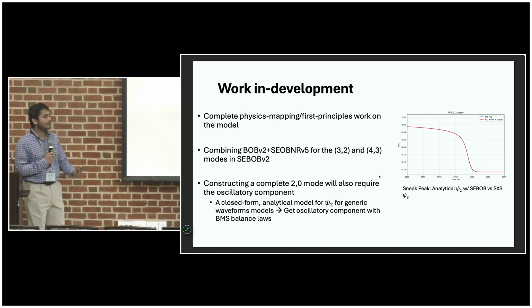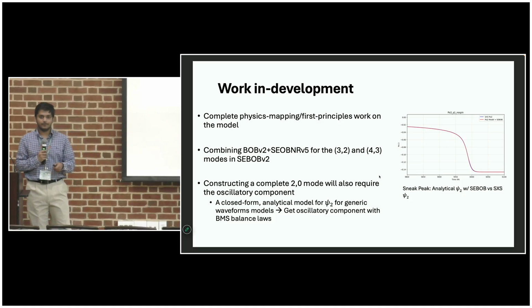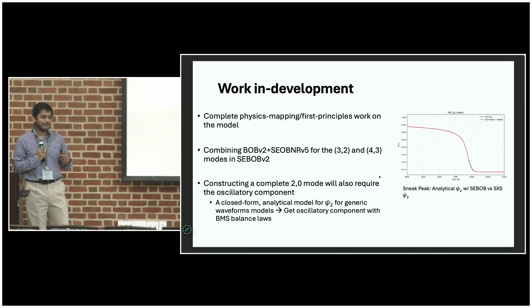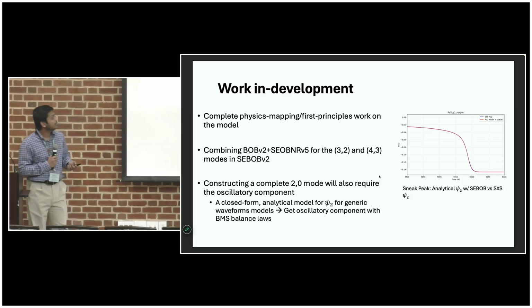One other thing that needs to be mentioned is that memory is a large part of the 2-0 mode, but the 2-0 mode also has an oscillatory component. To model that, you need a model for that oscillatory component. Something I've been working on on the side is modeling psi2 analytically and applying that to Bob.